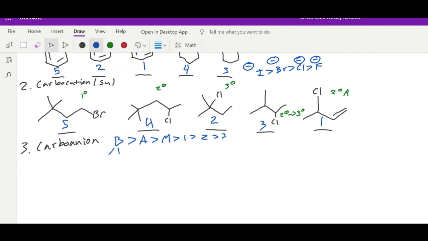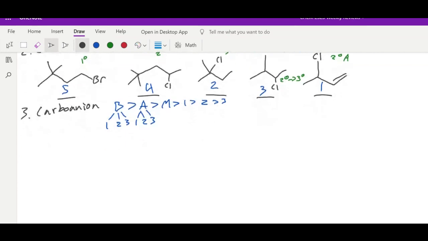Okay, and within benzylic and allylic, it is 1, 2, 3, 1, 2, 3. Okay. Now for my reactions, they're kind of long, so give me 1 second. Feel free to fast forward if you haven't already.